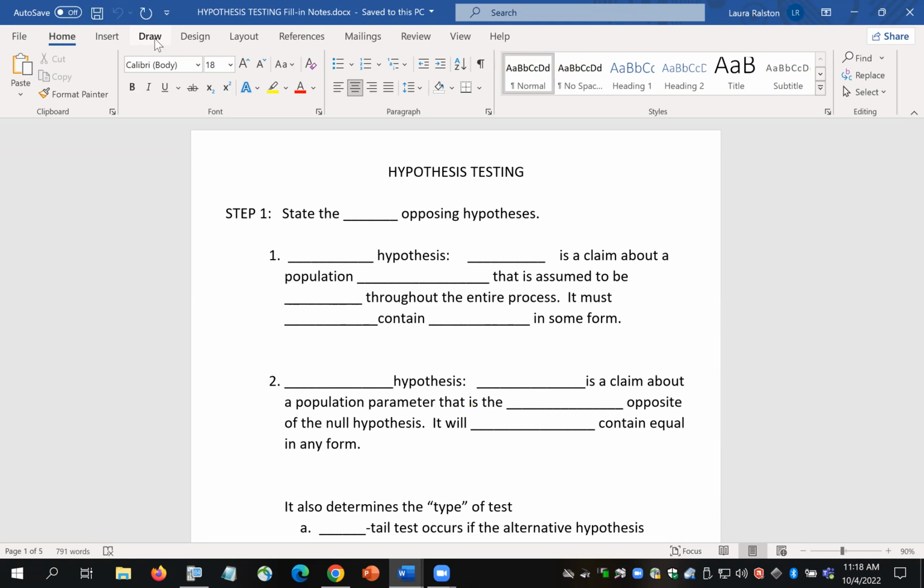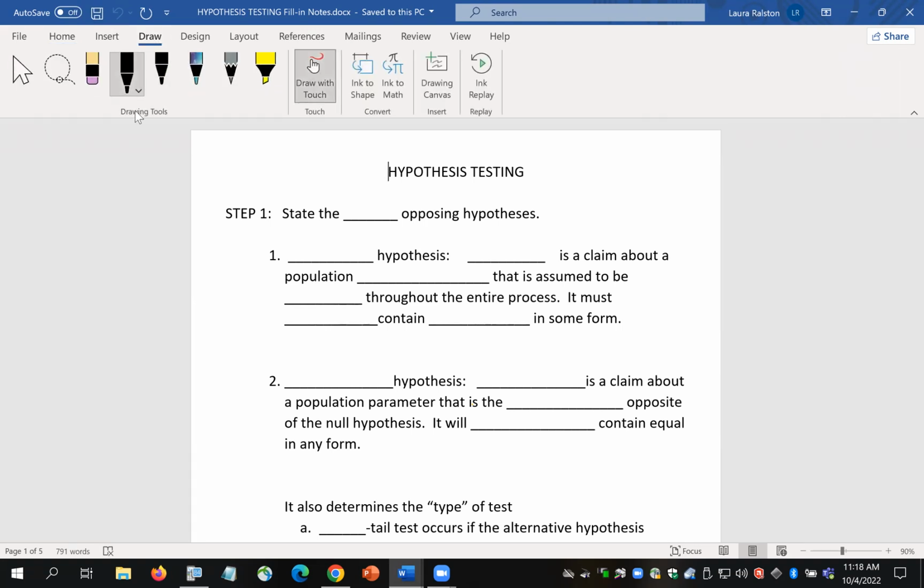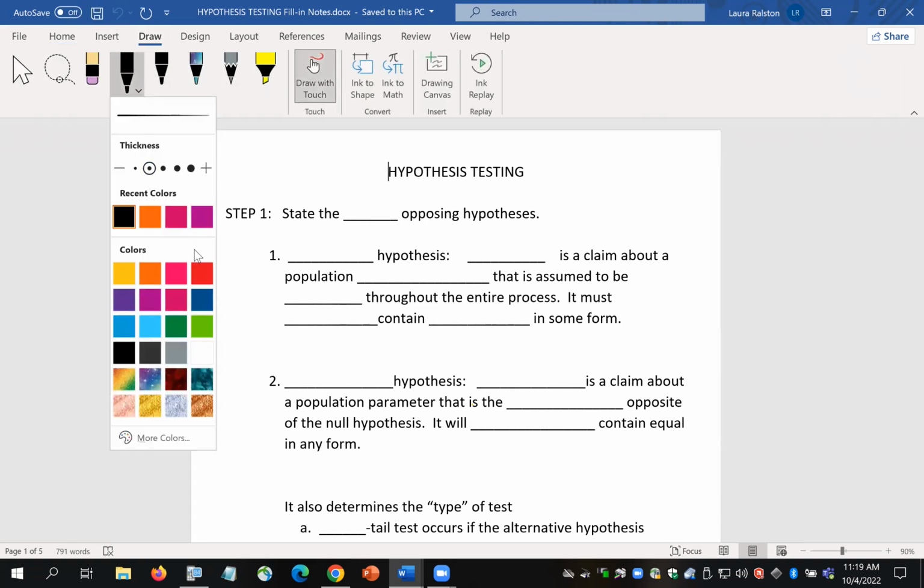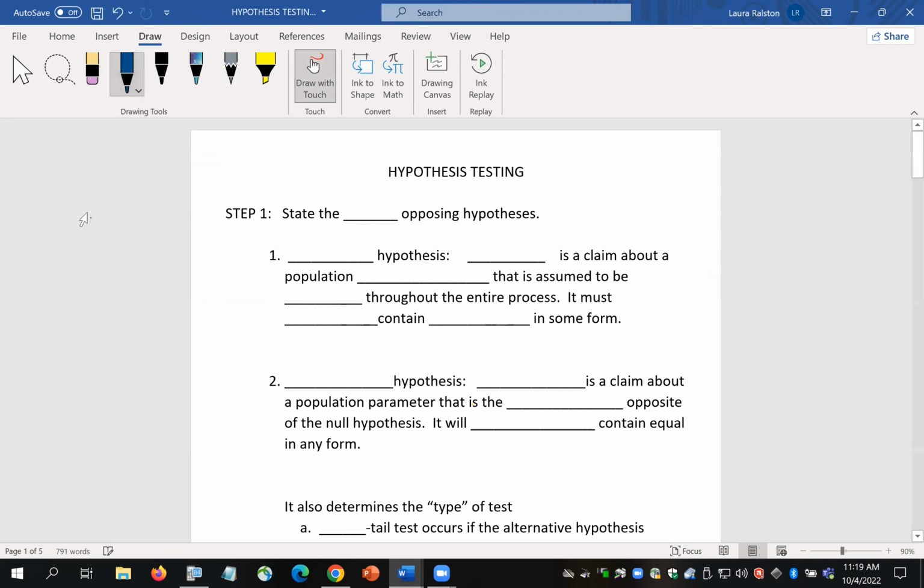So the first step, and I'm using the fill-in-the-blank notes. The first step in the hypothesis testing process, of course, you would have your research question, and then you would state the two opposing hypotheses. Each time you conduct a hypothesis test, you're going to have two opposing hypotheses. Again, think about it as guilty and not guilty.